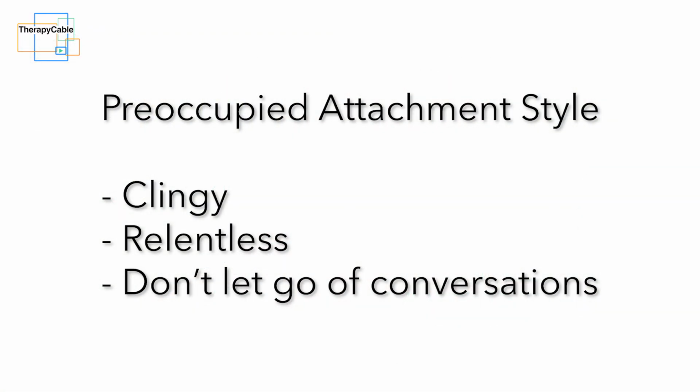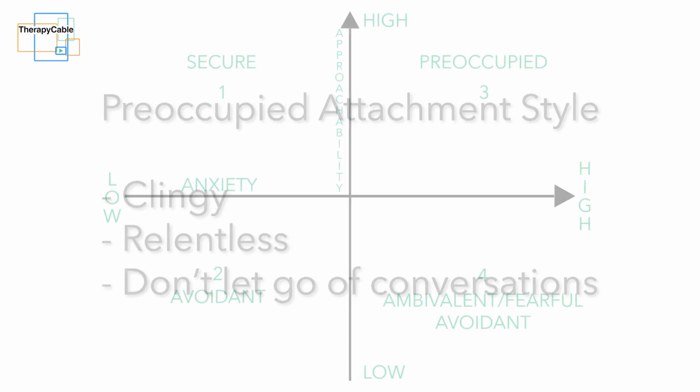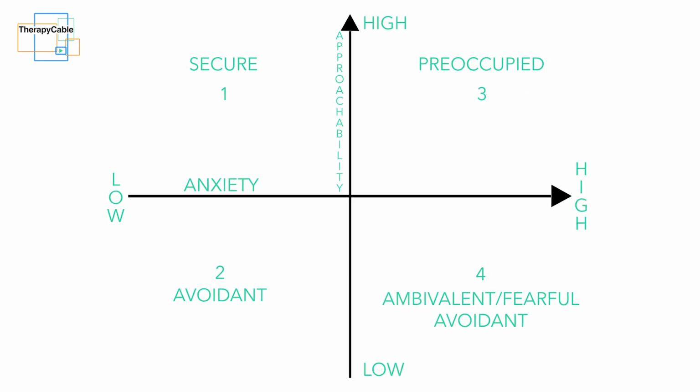But then we have talked about the style, the preoccupied, where they are highly clingy and relentless. They don't let go of conversations. We have also at times alluded to this combination that we may have, for instance, two avoidants. It could be from this category or from this category, but both of them being avoidant.